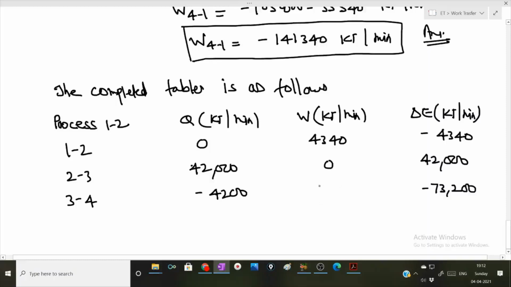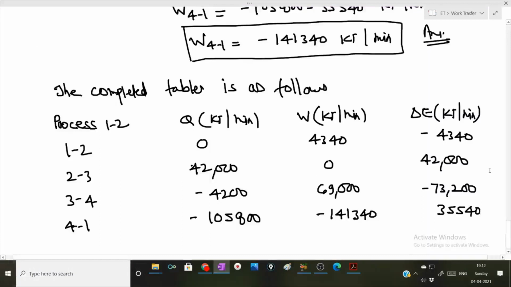So the value of W comes out 69,000 kilojoule per minute. And finally for process 4 to 1, we have calculated all the terms: Q as minus 105,800 kilojoule per minute, W as minus 141,340 kilojoule per minute, and delta E as 35540 kilojoule per minute. So this way we can obtain the solution of the first part.